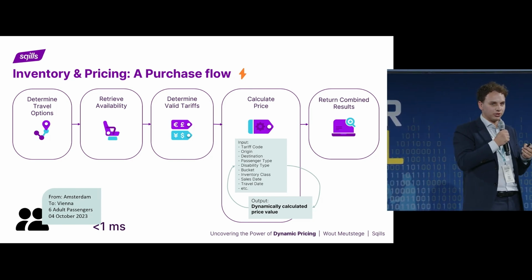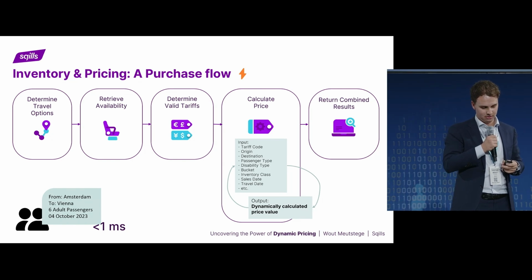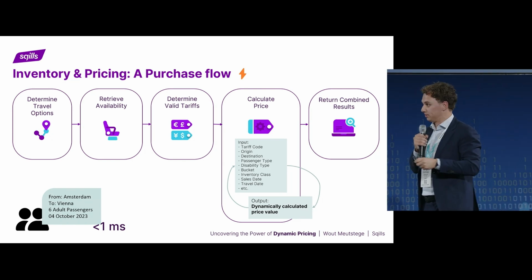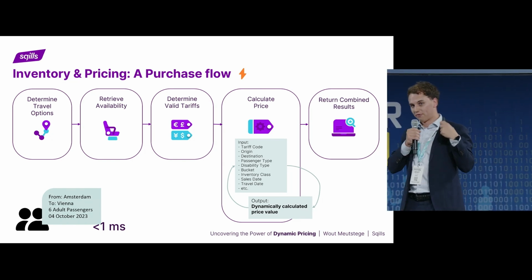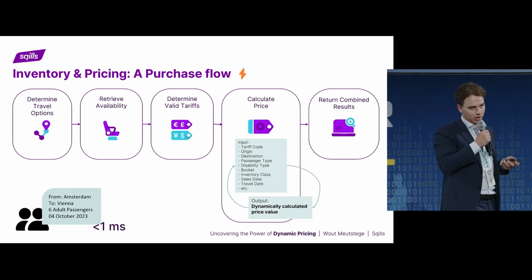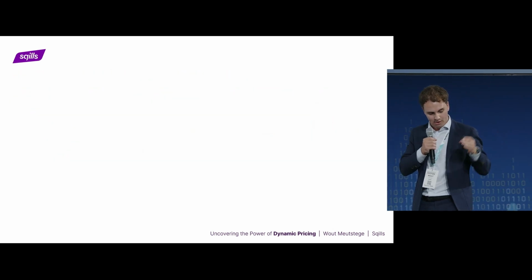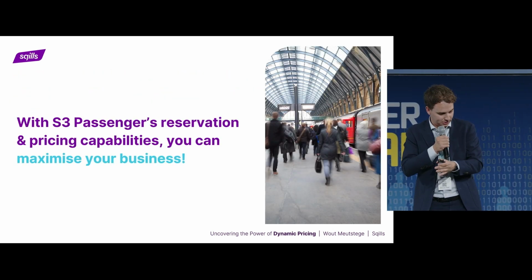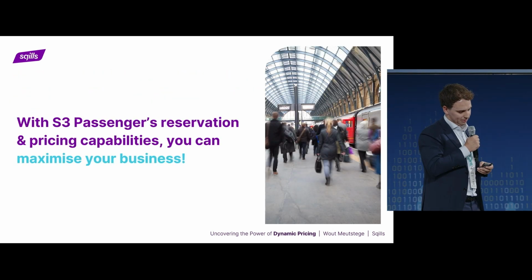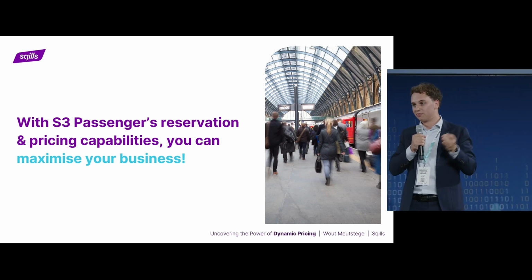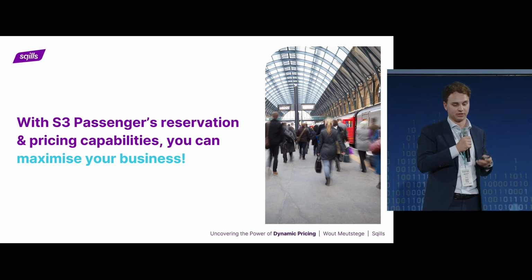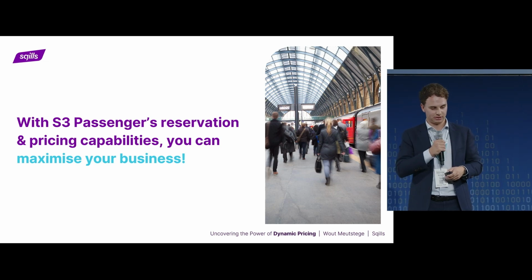And of course, our job is to do that very fast. So it's these dynamic prices that are calculated in real time for every journey search request, we respond to them in a matter of milliseconds. And therefore, with our reservation capabilities, plus our pricing capabilities, we believe that any of these railway operators and bus operators in 2023 can maximize their business.